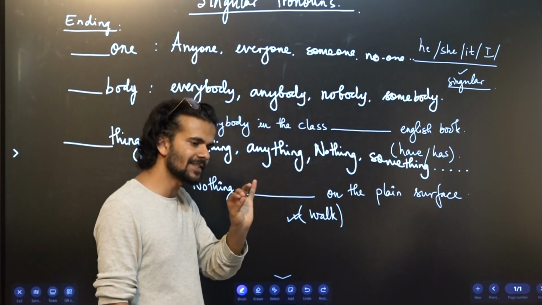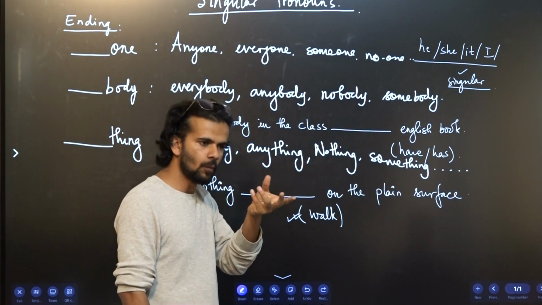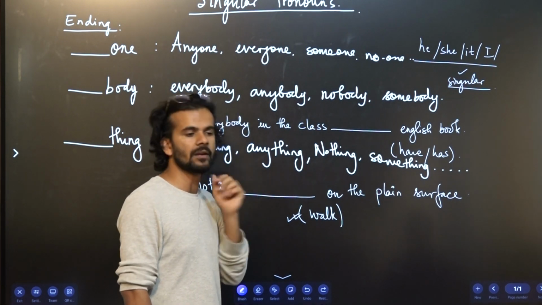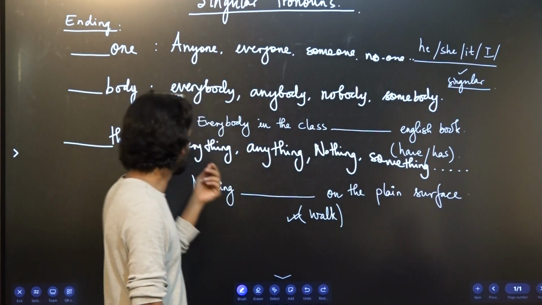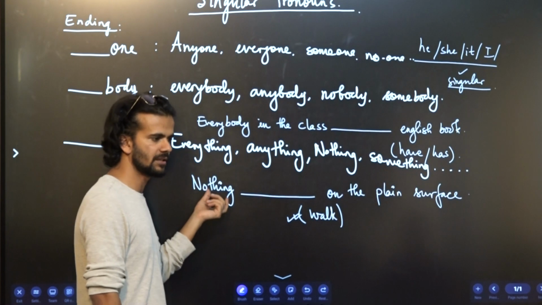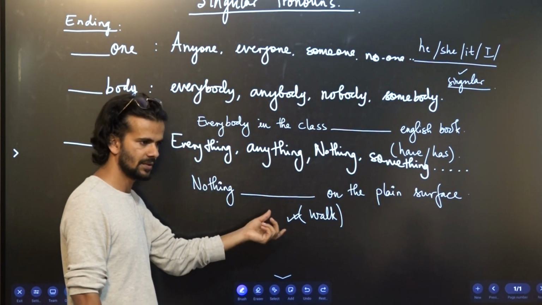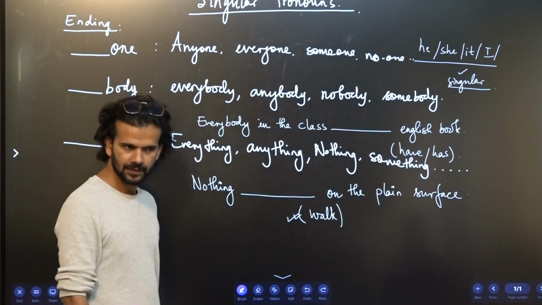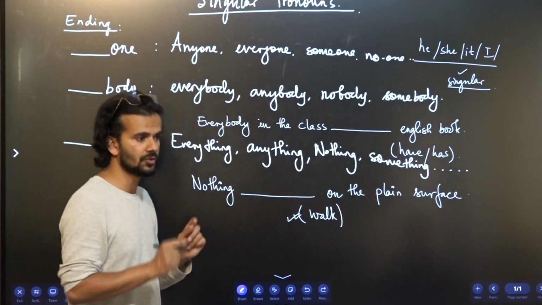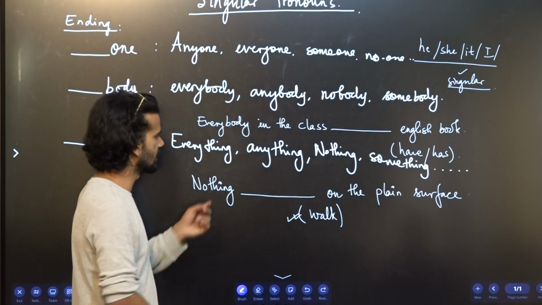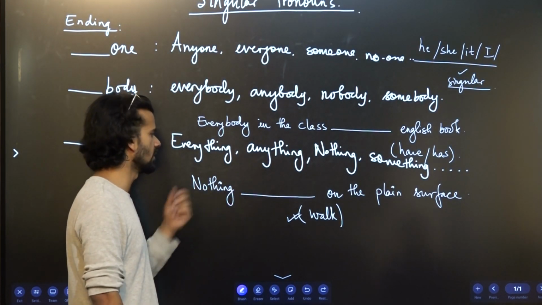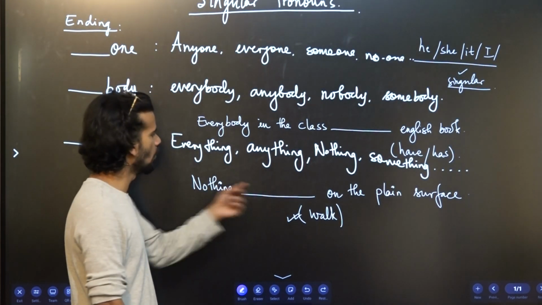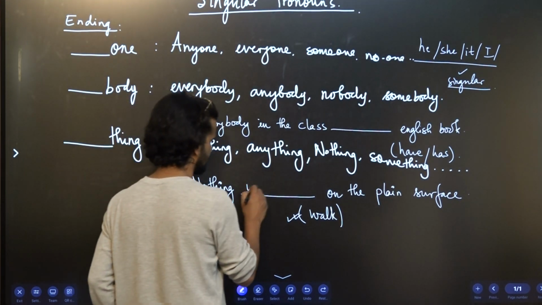Because walks is the singular verb. Walks takes a singular subject. Nothing is a singular subject. So nothing walks on the plane surface.